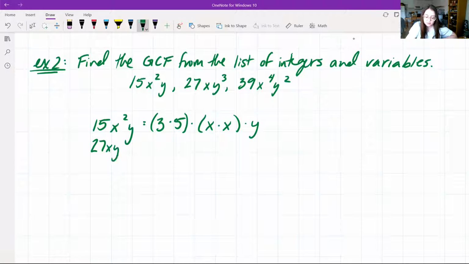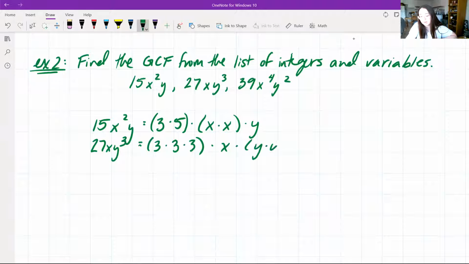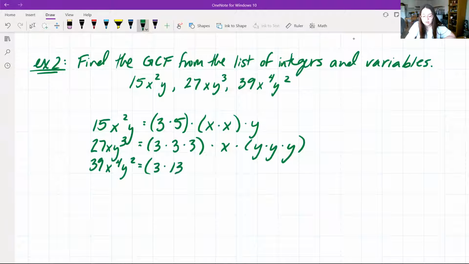Now for 27xy cubed, 27 has a prime factorization of 3 times 9, which 9 could be expressed as 3 times 3 as well. Then we have times x, times y, times y, times y. And lastly, 39x to the power of 4, y to the power of 2. 39 is the prime factorization of 3 times 13, times x times x times x times x times y times y.